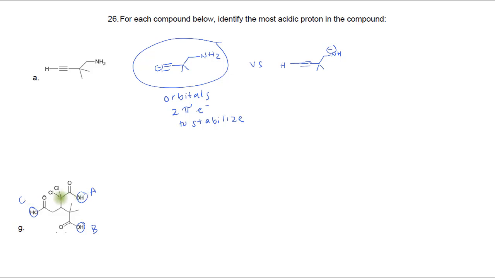So A is next to, the hydrogen here is next to a carbonyl with 2 chlorines. C has no chlorines here. And then B has these carbons over here. So the one with the electron withdrawing groups, drawing electron density out, is going to be the most acidic. So A is the most acidic.